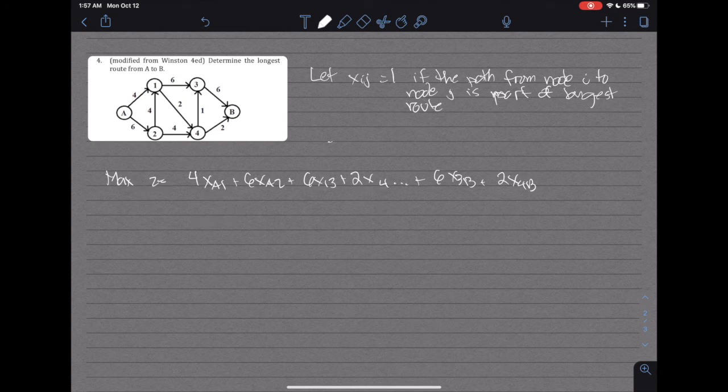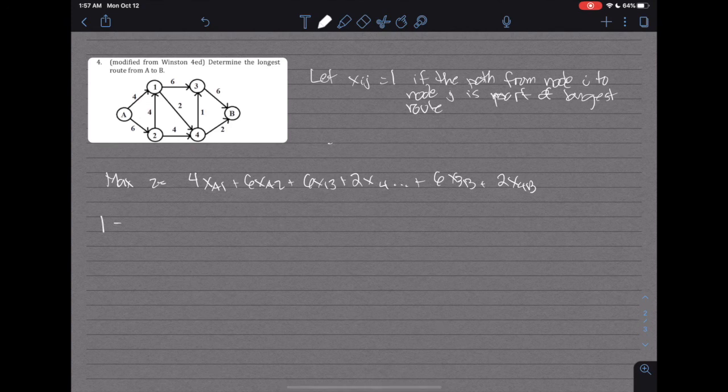For the constraints, what we do is that for each node, we just do in minus out. In node A, there is no in, but a path has to come out of node A. So we say that 1 is equal to xA1 plus xA2. That way, we are sure that the path will start. Next, for node 1, again, in equals out.